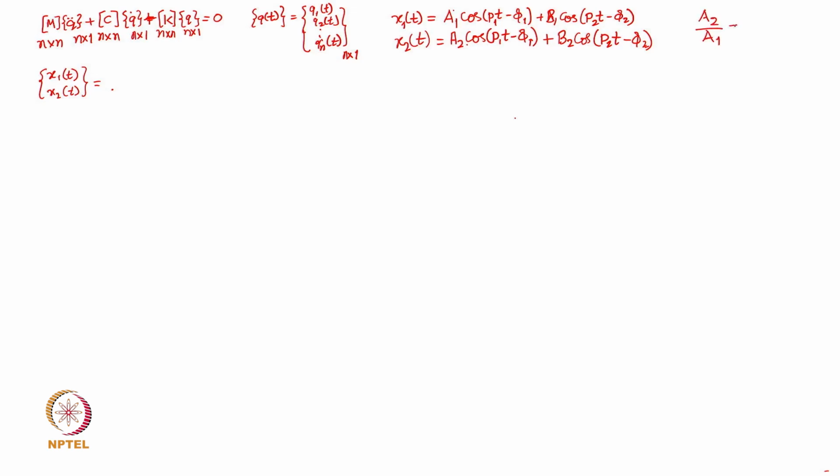So, a2 by a1 we defined as xr1, the mode shape, and b2 by b1 was xr2. Okay.